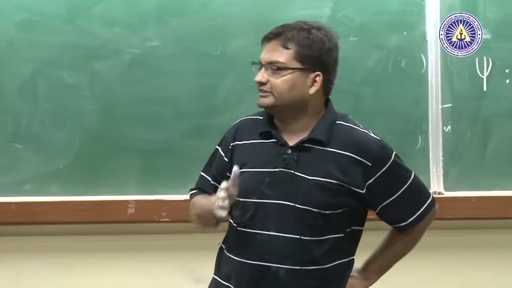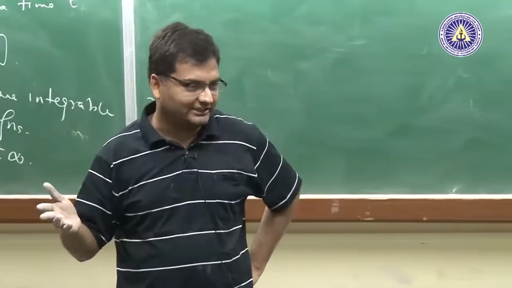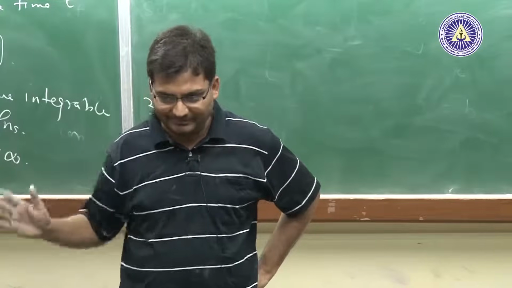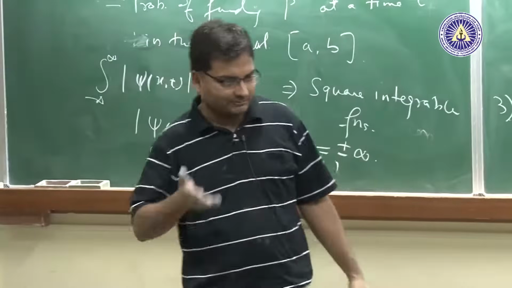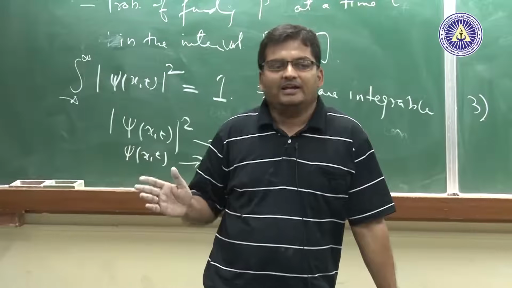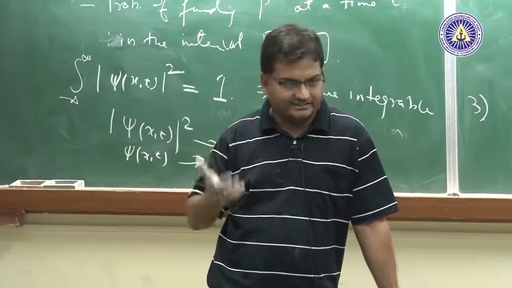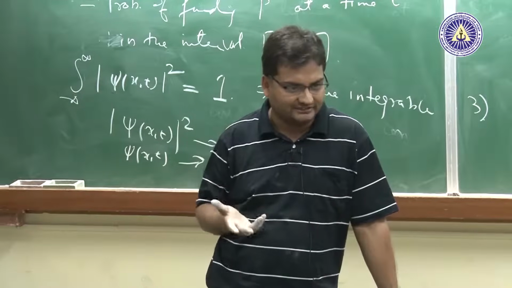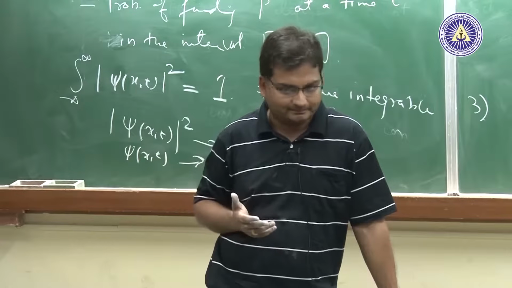Since it is a probability distribution, it had better be normalizable, or square integrable, otherwise it will not be a probability distribution. The sum of all probabilities has to add up to 1. And since we have a continuous wave equation, it must vanish at the boundaries, plus minus infinity, for example, otherwise it cannot be square integrable.